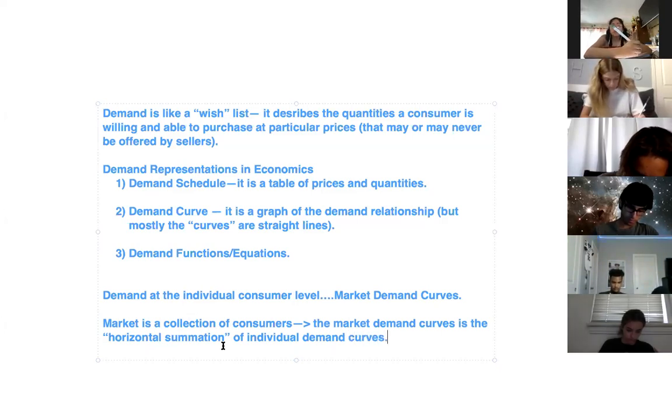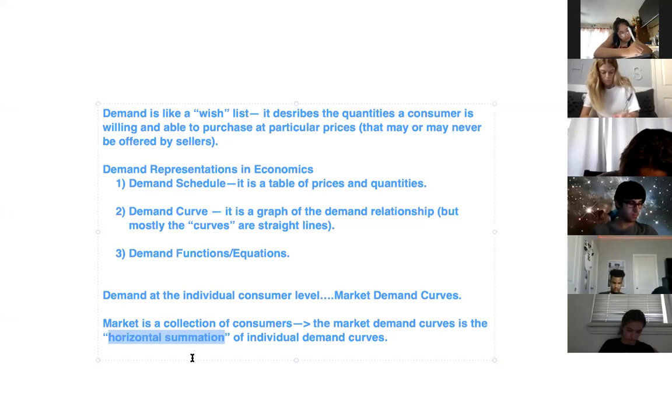So I'll talk about that for just a minute, because this idea of horizontal summation is important, and it becomes even more important as you move along in economics if you're trying to work on making sense out of aggregating or adding together individual demand curves. There's some nuance there, but the gist of it is really straightforward and simple.